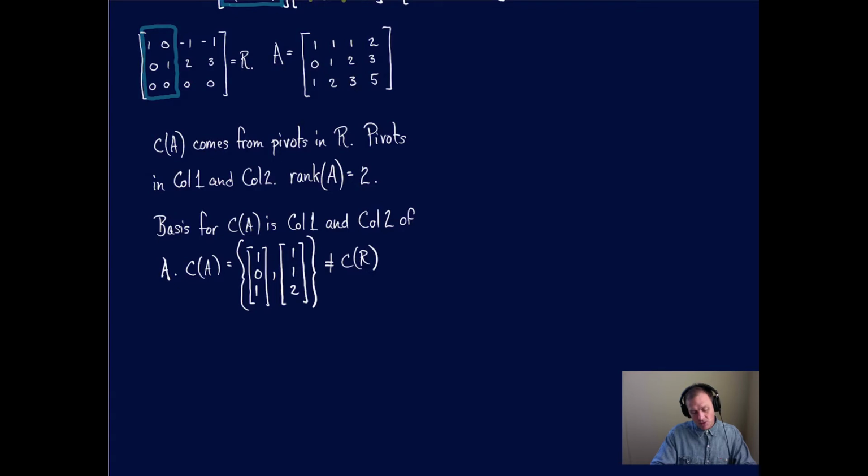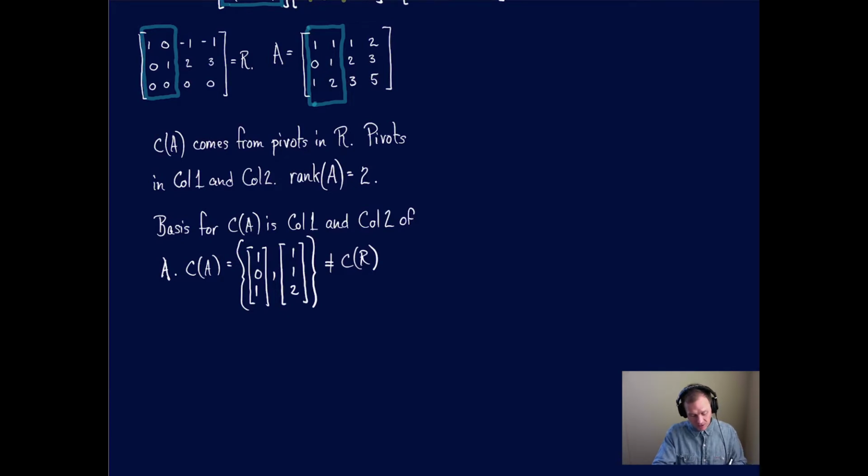Those would give you the XY plane in R3. Well, if you look over here, these two vectors are a plane in R3, but they're not on the XY axis. And so because of that, those are different column spaces in R3.